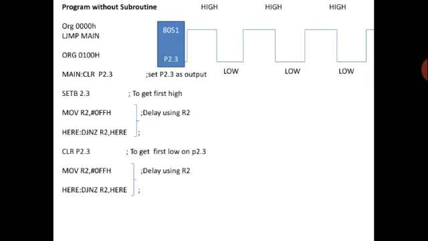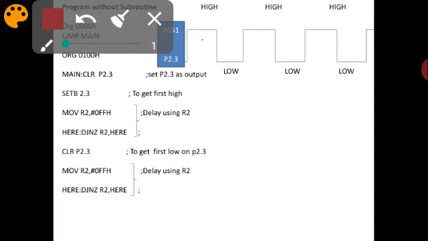So now you have the first high and first low. This is the first high and this is the first low. Now you have only one high and one low, and you should have the further waveforms.